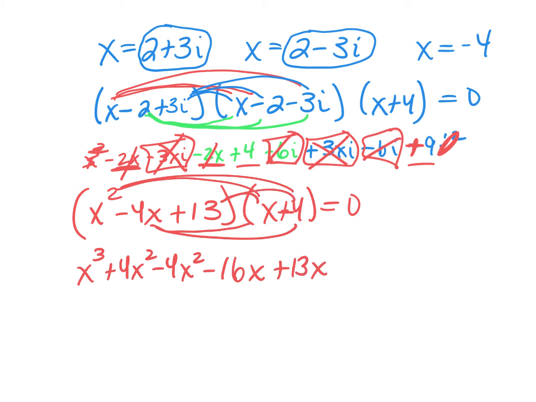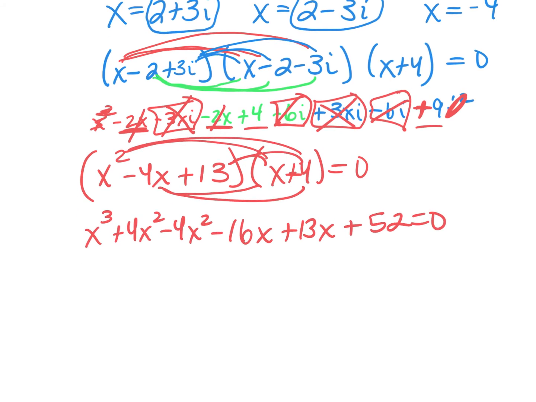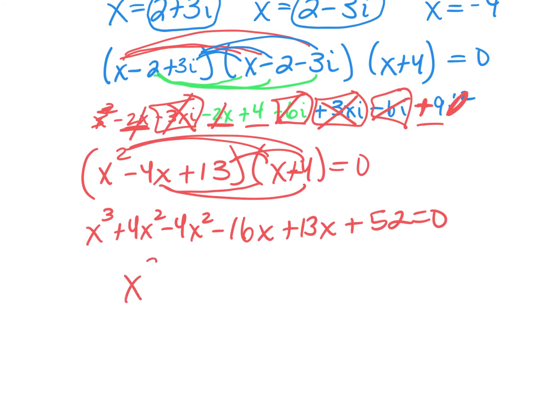And what's 13 times 4? 52. And now we say, okay, x cubed. Okay, so minus 16x. No, we got to combine. What's negative 16 and 13? 3x plus 52 equals 0.